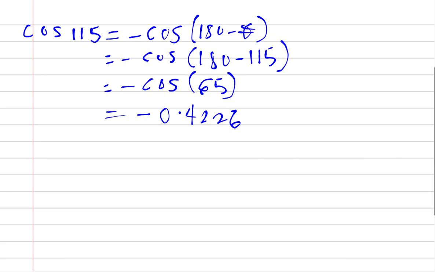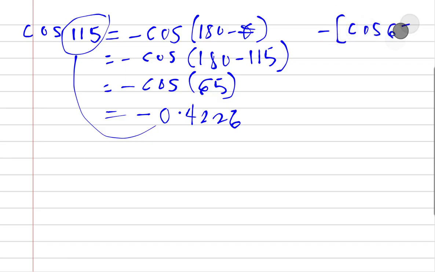Now look at it. If you do cos 115 on its own, you are going to get a negative answer directly on your calculator. If you punch your calculator, cos 115, you see that it is negative, and it is the same thing as saying minus, open bracket, cos 65 that we got here.